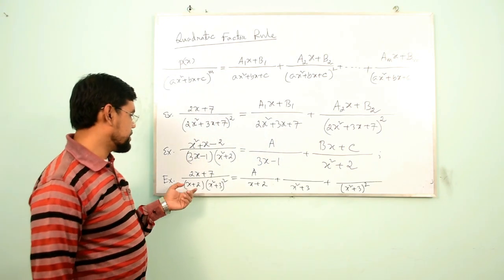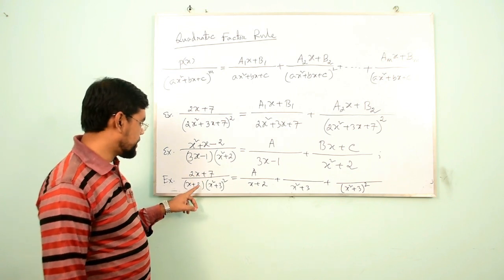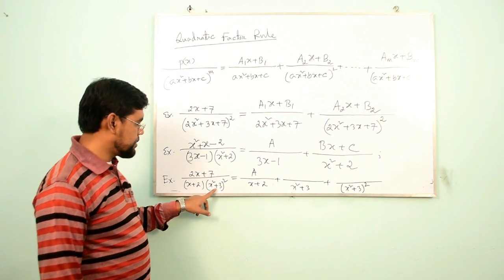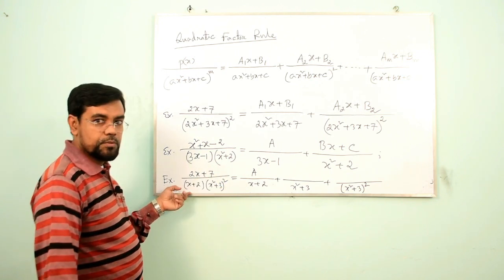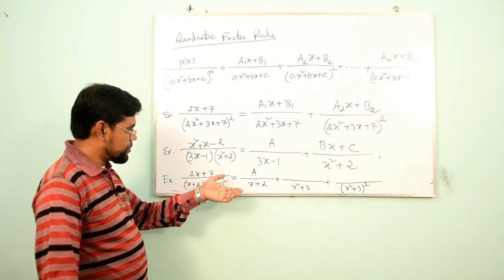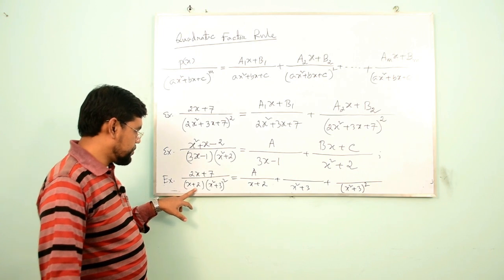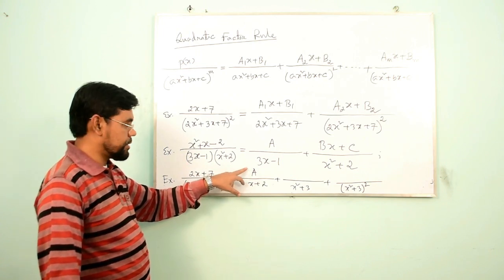Let us see another example. This fraction contains two factors, one linear and another a quadratic term raised to the power 2. So your partial fraction decomposition should contain three partial fractions. One is for x + 2, and since x + 2 is linear, the numerator should be constant.